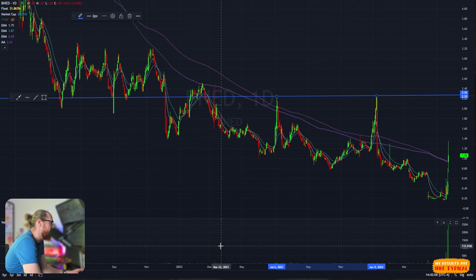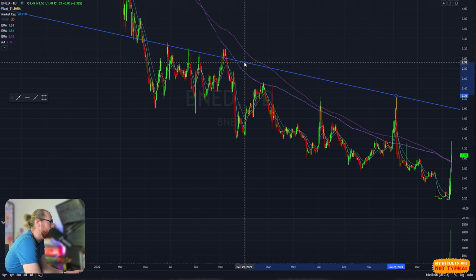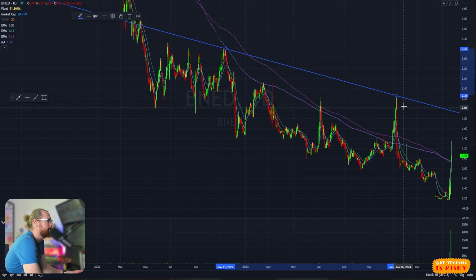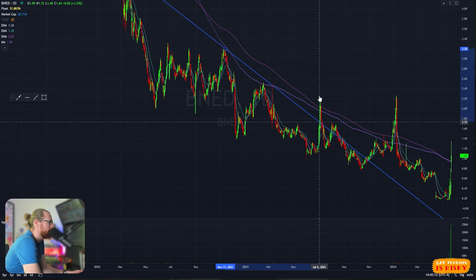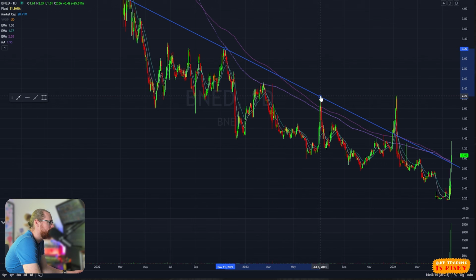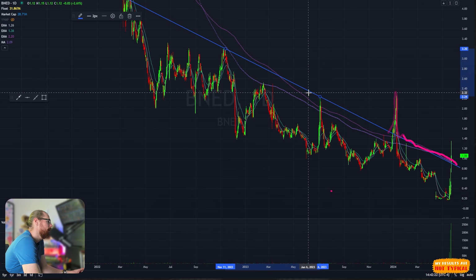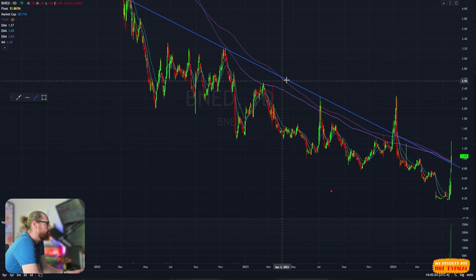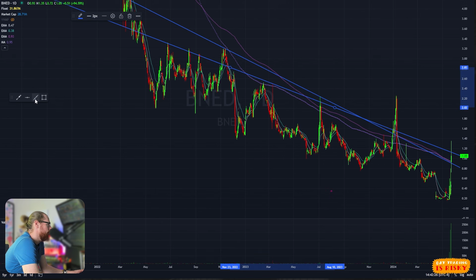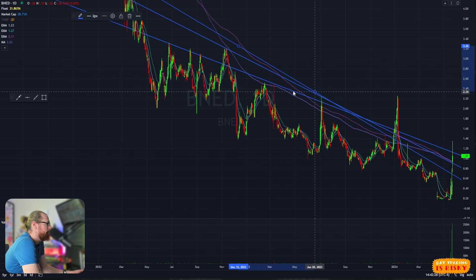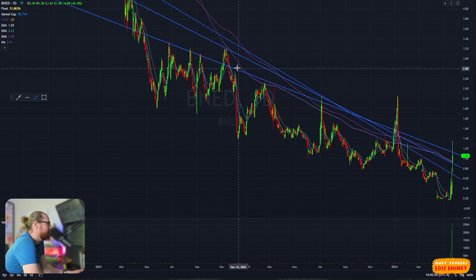Most of these lower price stocks that I end up trading, you're dealing with descending resistance. The price is coming down. That's what's much more common. So an area like this, yes, the price broke it. It comes back down, but it may still be worth keeping an eye on. One thing that I'll caution is that sometimes you'll see someone whose chart looks like a spider web. It's just absolutely insane.